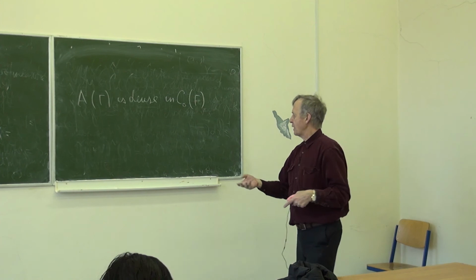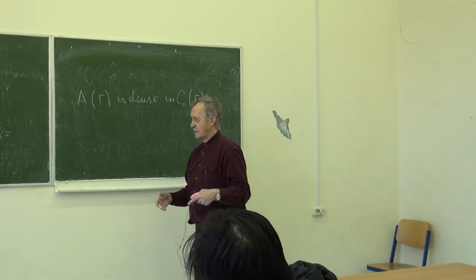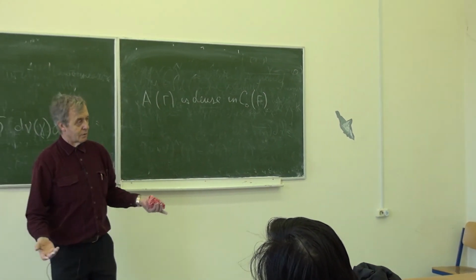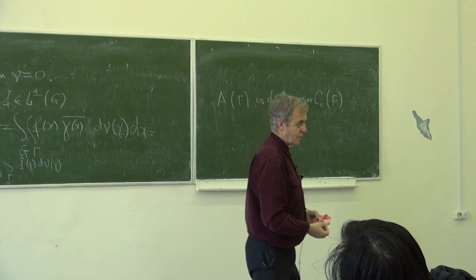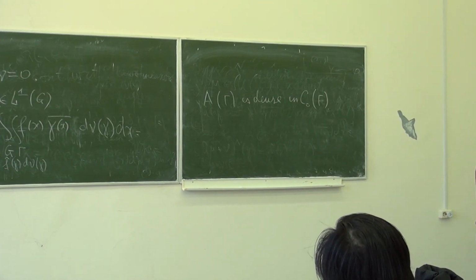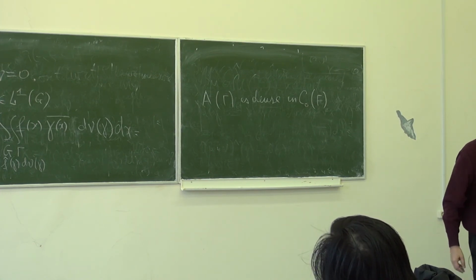So simply, this is a set of measures on gamma, regular Borel measures, and since it is 0 on a dense subset, it is 0, and so the measure is 0. So everything via this representation theorem, starting with the Haar measure and so forth.